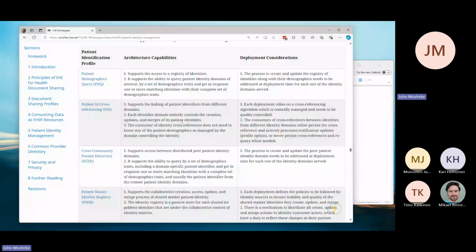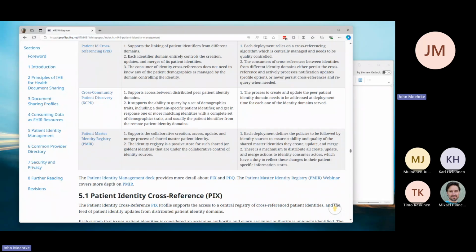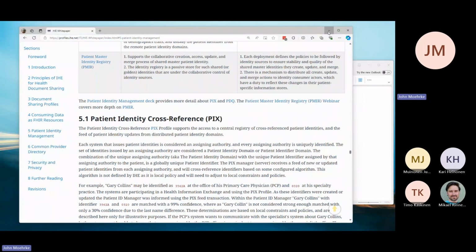We have this table that shows the PDQ family, the PIXm family, XCPD, and the PMIR family. If you want a quick view of what the general architecture and use cases are, that's there. They are described a little bit below, but I'm not going to use those. We're going to go to presentations.